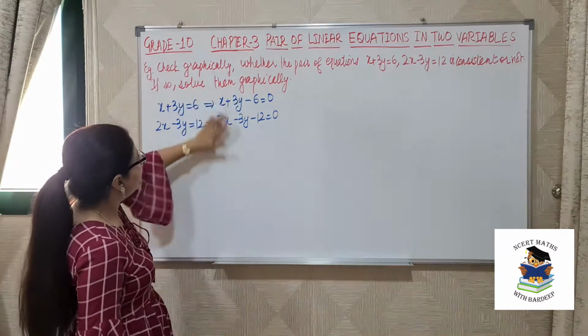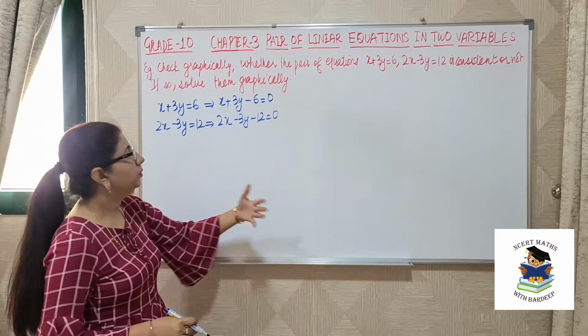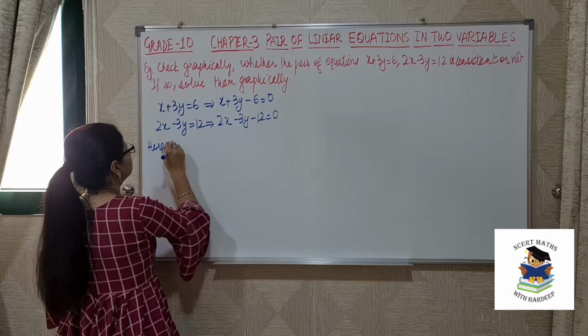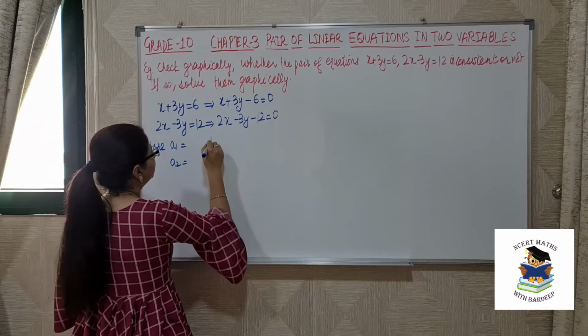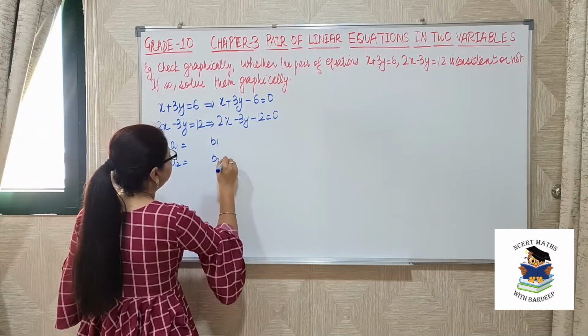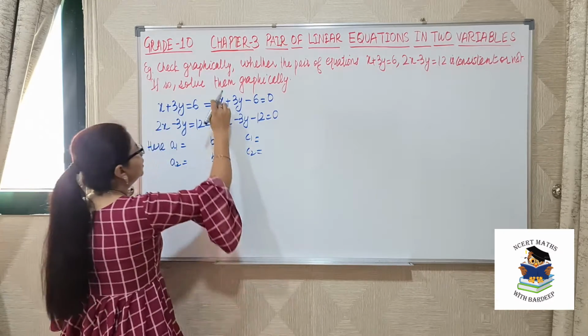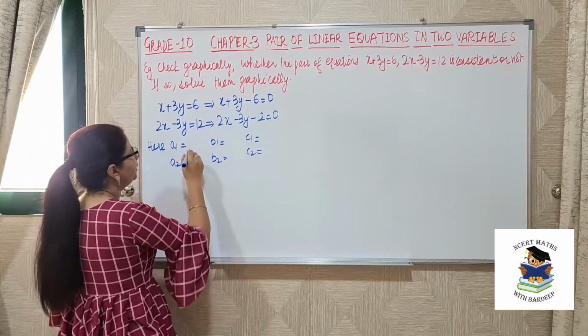So now let's find the values of a1, a2, b1, b2 and c1, c2. So what is a1? Coefficient of x. So this is 1 and a2 is 2.